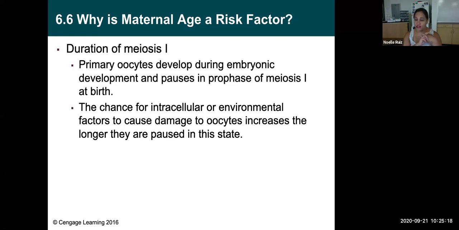And these eggs pause during prophase of meiosis 1. And the chance for intracellular or environmental factors to cause damage to these eggs increases the longer they're paused at this state. So as a woman ages and these eggs get older, it's more likely that intracellular, which just means in your cells, or environmental factors will cause damage.